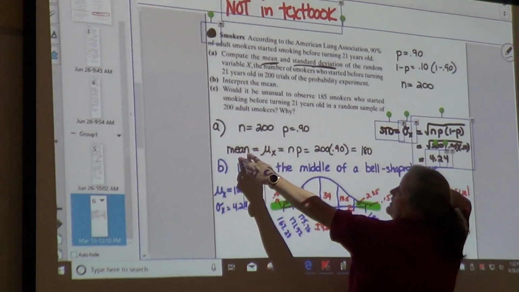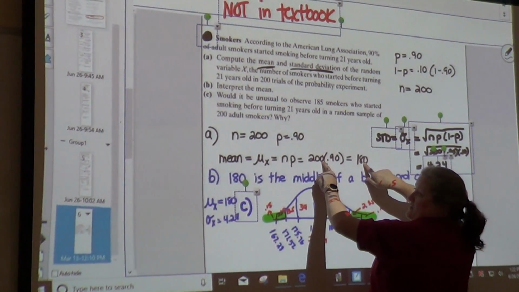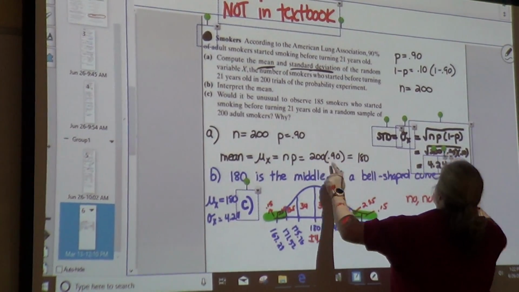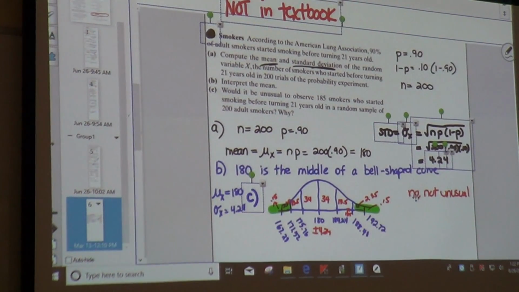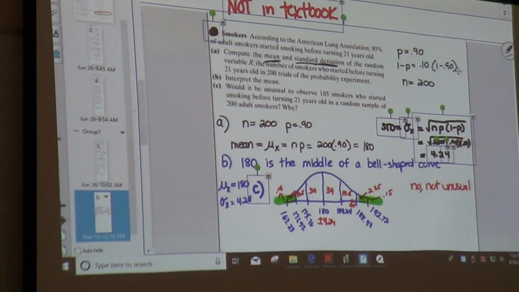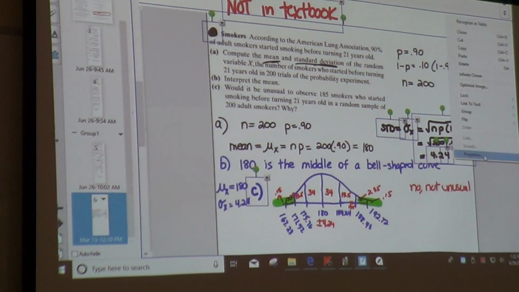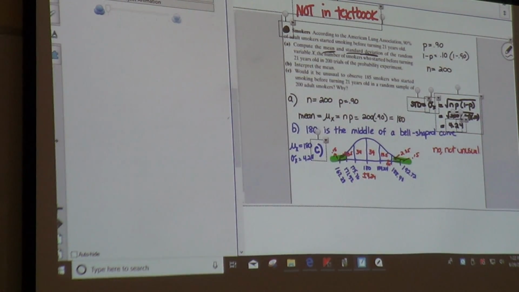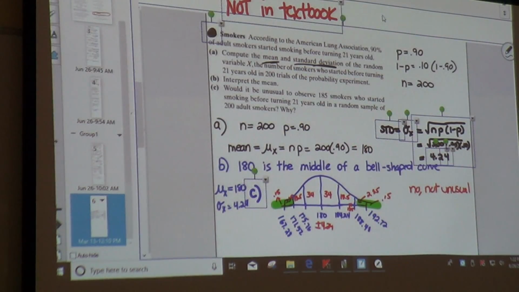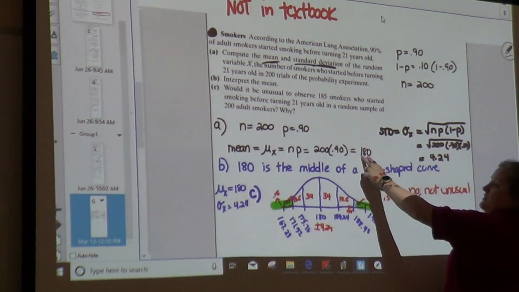So, right here, my mean is my 200 times the 0.90.